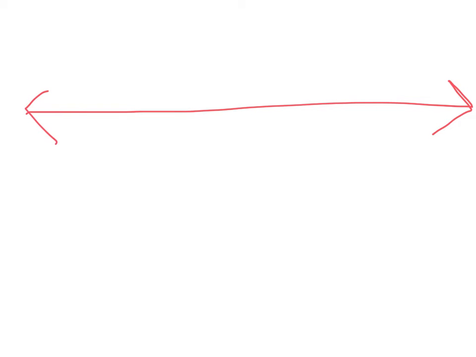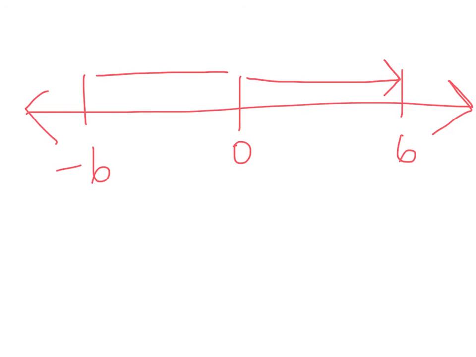So let's draw another number line. You guys are going to get sick of number lines. Sorry about that. Put our 0, and if we put +6 and -6 both on our number line, they are the same distance from 0. And the notation used for absolute value is you would have a 6 inside bars like this, which asks you to find the absolute value.